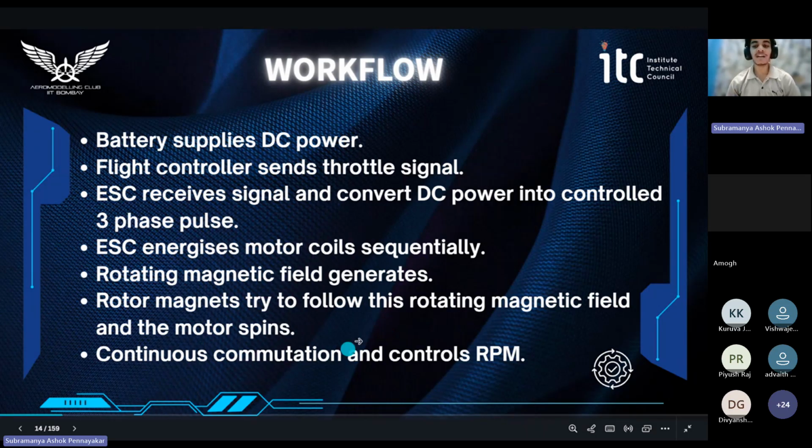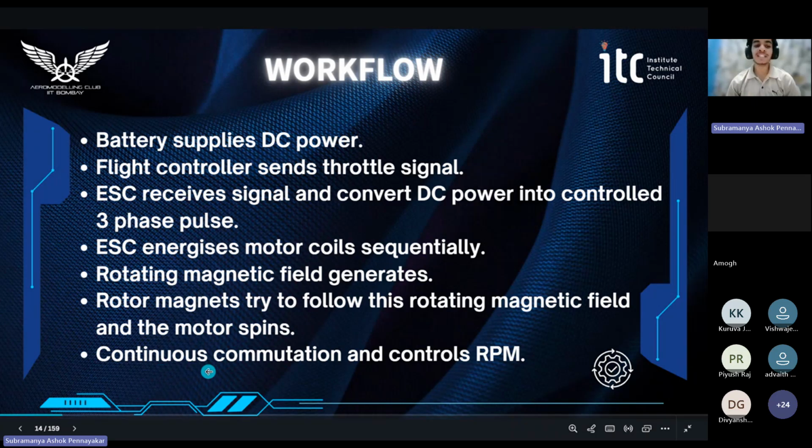Commutation basically controls which motor winding is to be powered, and pulse width modulation controls how much current is actually delivered to these motor windings. Commutation is the process by which the ESC switches the current between the motor windings, so that the generated magnetic field keeps rotating, and because of that the BLDC motor keeps spinning. You might wonder why this continuous commutation is required.